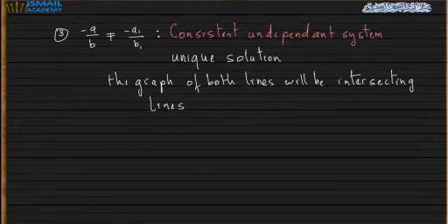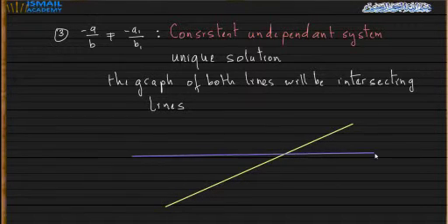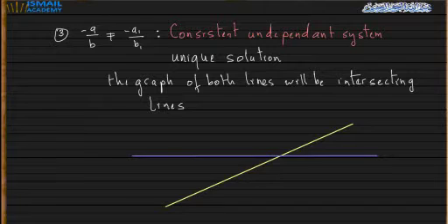So it's going to look like this, and the point of intersection is the solution of the system. After you draw it, you need to find the coordinates of that point, and the coordinates are the solution of that system of equations.